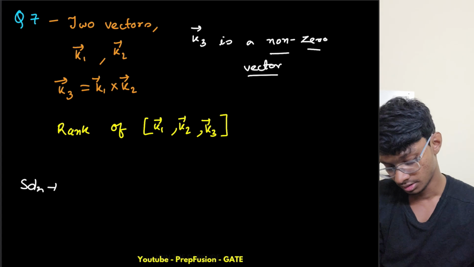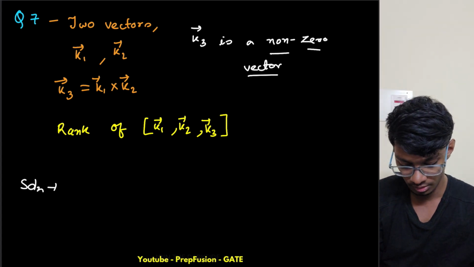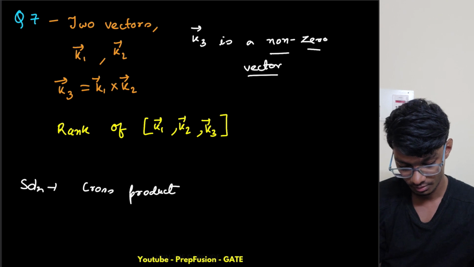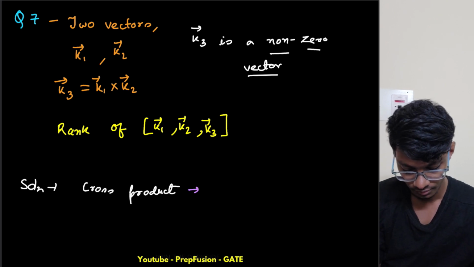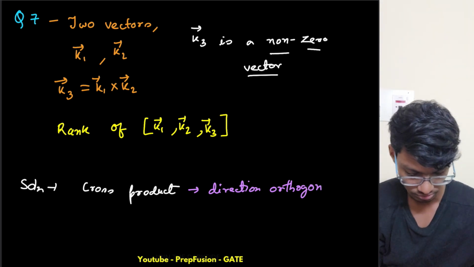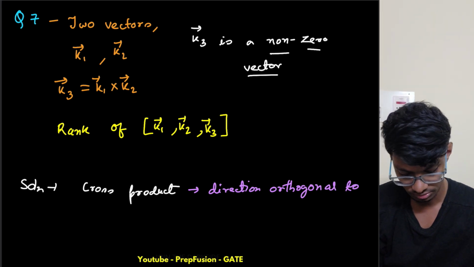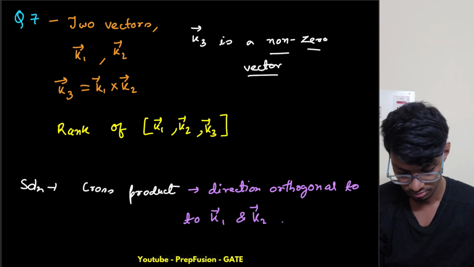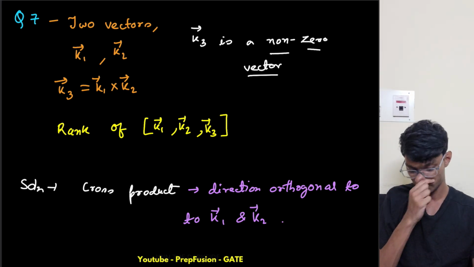So from the cross product, we get a direction orthogonal, or you can say perpendicular, to k1 and k2 with the help of the cross product.